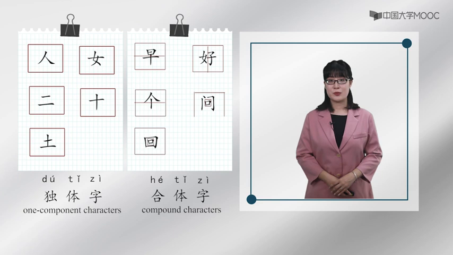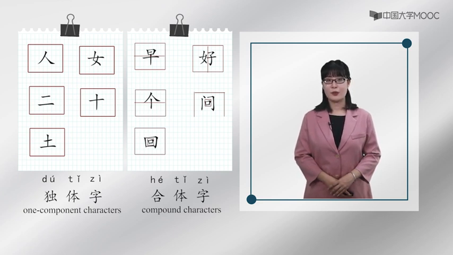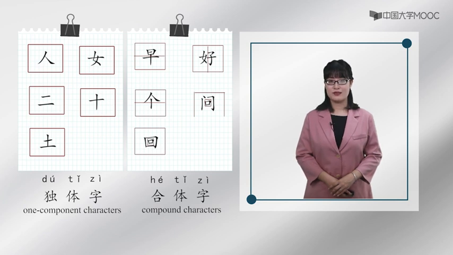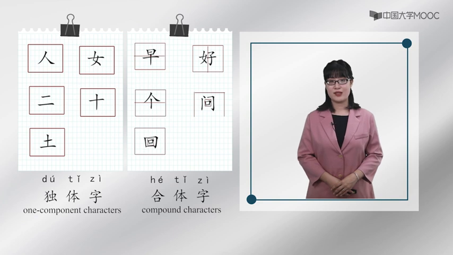The first group are one component characters, which are composed of a single component, while the second group are compound characters that consist of two components.